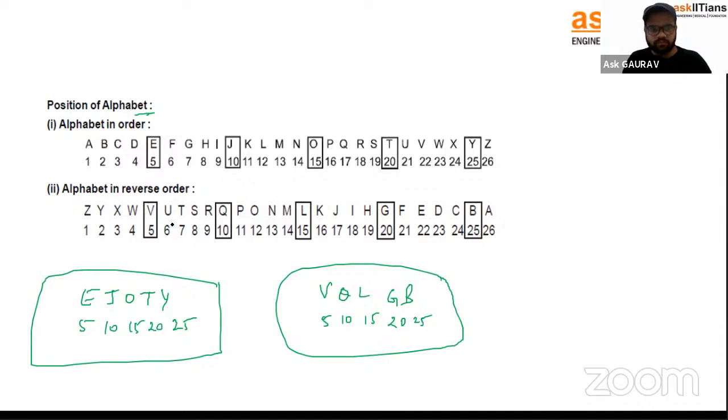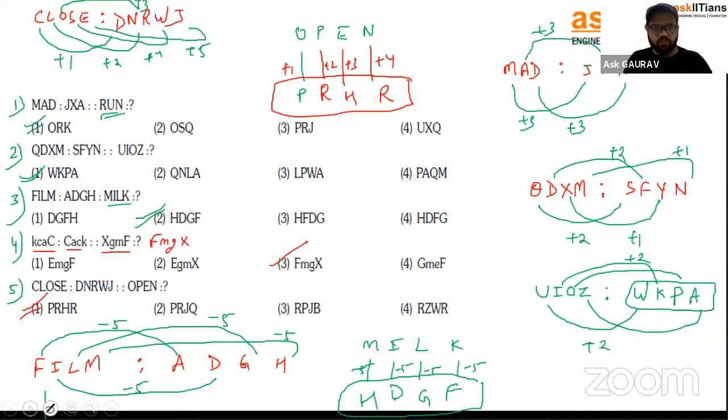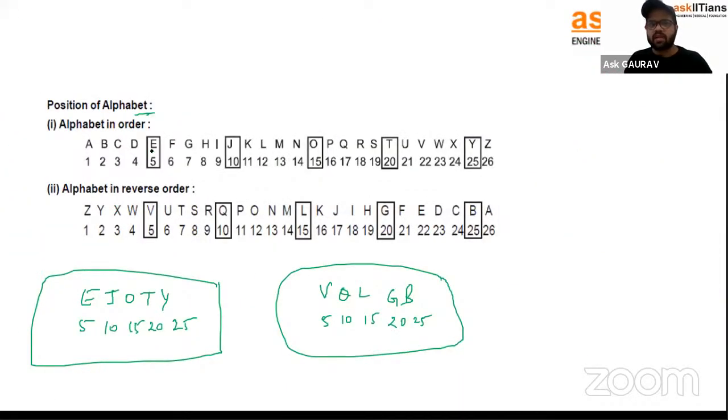Your E is related to W, right? In that particular question, E is related to W. It means from the start E stands for 5 and W stands for 4. So 5 minus 1 is 4 from the reverse.